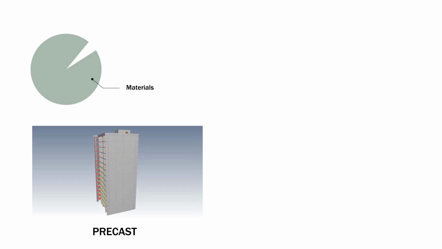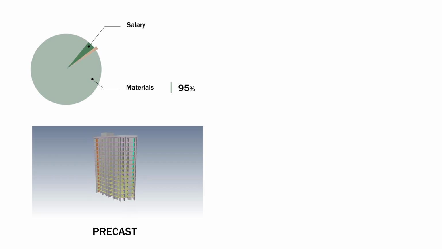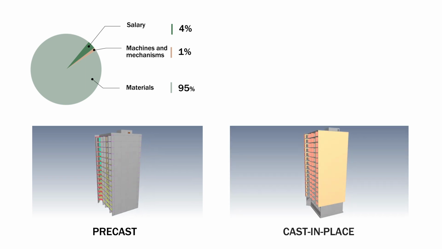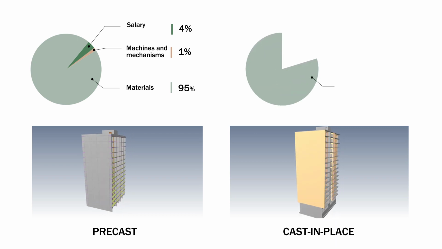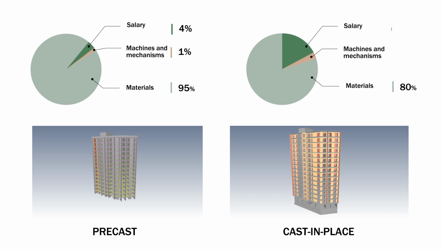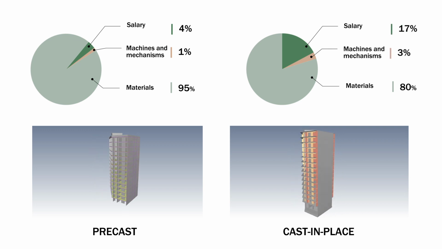Materials for the construction of the precast concrete frame account for 95%. Salary and machines and mechanisms account for 4% and 1% of the total funding, respectively. During the erection of the cast-in-place frame, materials account for 80%, and salary and machines and mechanisms, 17% and 3%, respectively.